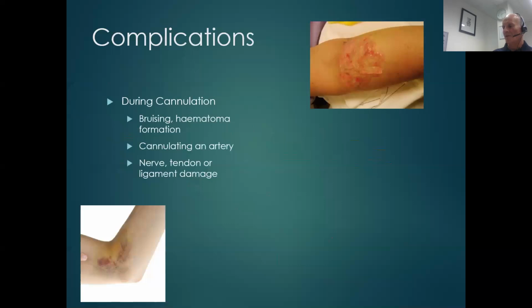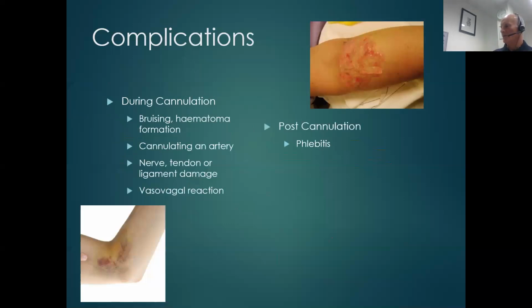You will always do this with a competent person training you. On a mannequin, we have trouble with the nerves and tendons because they're just not real people. But if you're going to cannulate a nerve, you'll find out very quickly. So let's hope you never do it. We have vasovagal reactions, and that's more of a male thing. Females tend to handle this a little bit better than some males.